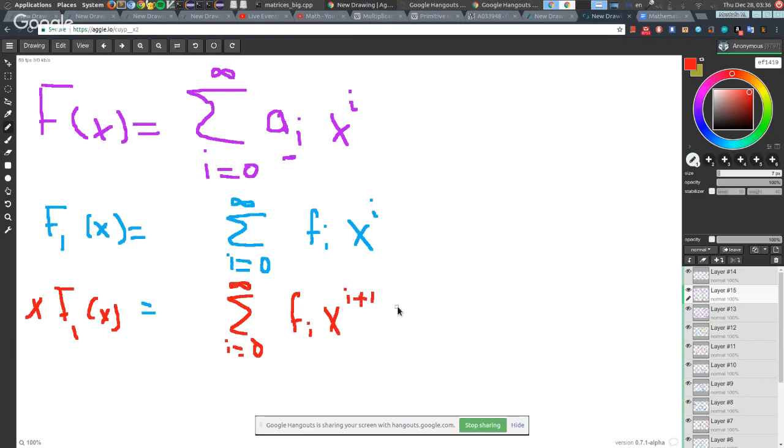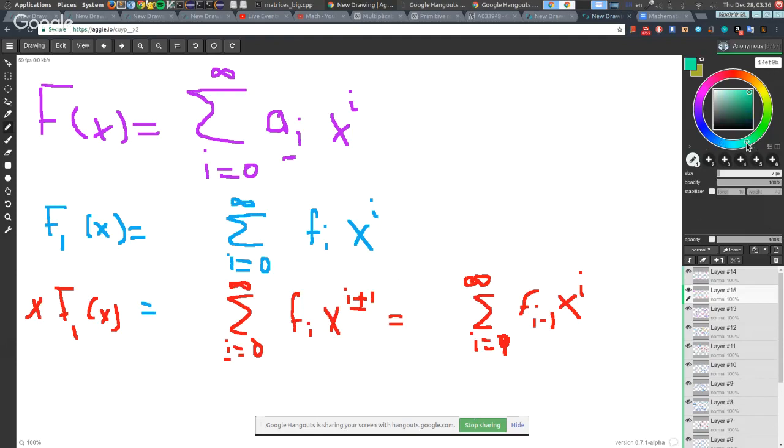It's usually nice to make this index the same as the power of x, so I'll just shift this around a little bit. So this starts from 1, and this is Fibonacci i minus 1. This goes to infinity.